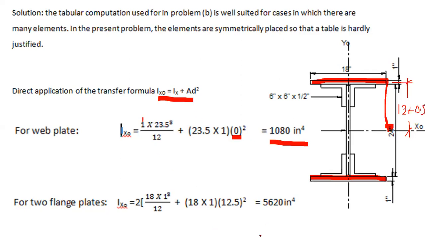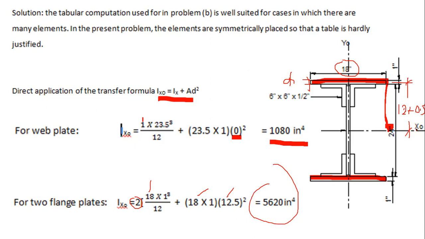That's why the d here is 12.5. The area is just 18 times 1. The formula is bd cubed, where b is 18 and d is the thickness, which is 1. So we calculate this one, multiply by 2, and you can have this answer.